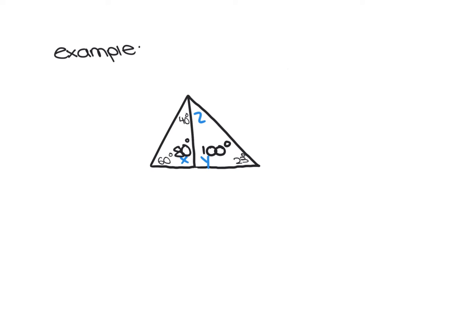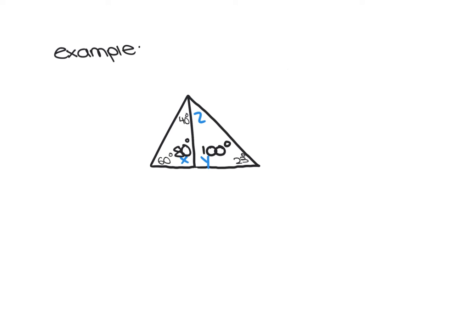Lastly, we need to solve angle z. To do this, we know once again that the sum of every triangle is 180 degrees.